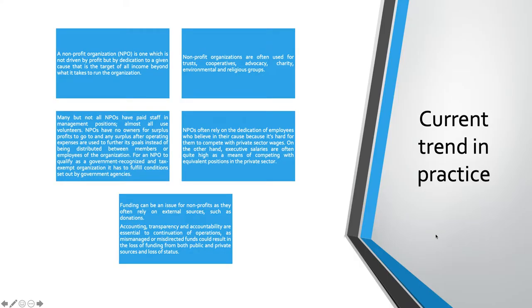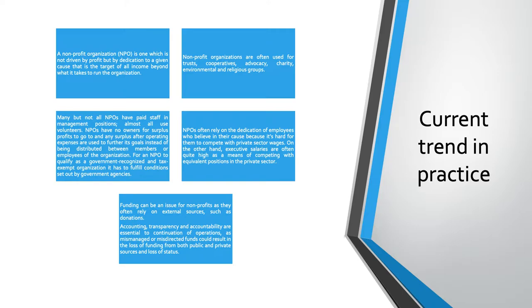So the current trend in practice for a nonprofit organization is one which is not driven by profit, but by dedication to a given cause that is the target of all income beyond what it takes to run the organization. That's what a nonprofit is. Nonprofit organizations are often used for trusts, cooperatives, advocacy, charity, environmental, and religious groups.